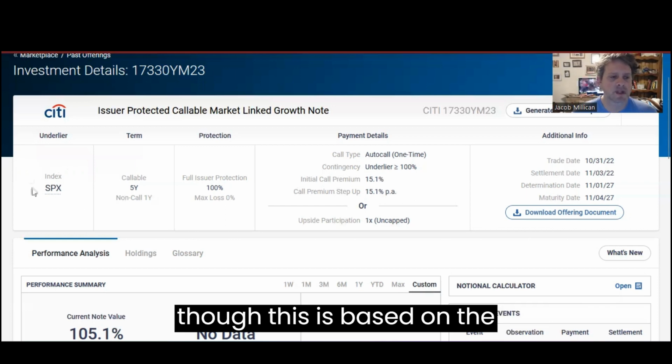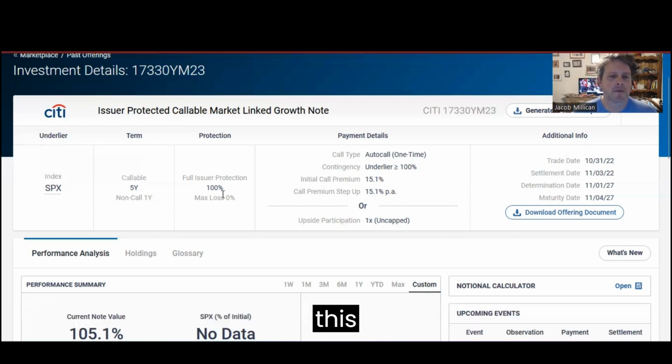So even though this is based on the S&P 500, this is 100% issuer protection, so a max loss of zero. No matter what this note does over the next 5 years, you're going to be at zero loss. So if the S&P 500 is down 10%, you're going to be down zero. If it's up, well, we can talk about that.